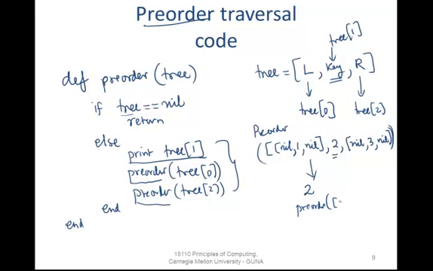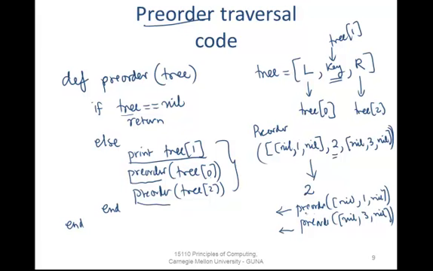Tree 0 would be this tree here, nil and 1 and nil. And then it calls the preorder of tree of 2, which in this case would be nil, 3, and nil. So these two are going to generate recursive calls.